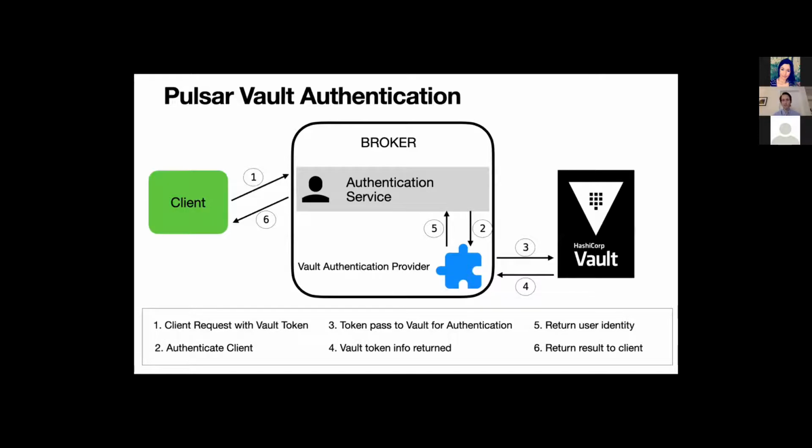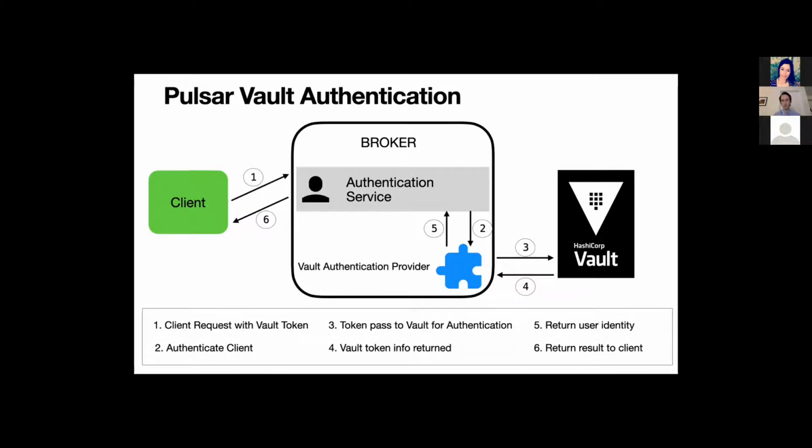So here's a diagram of how everything works together. As you can see, you have a client, which would have a Vault token, that would make a request to the broker. The authentication service of the broker would then call into the plugin with the authentication information, which would essentially be the Vault token.